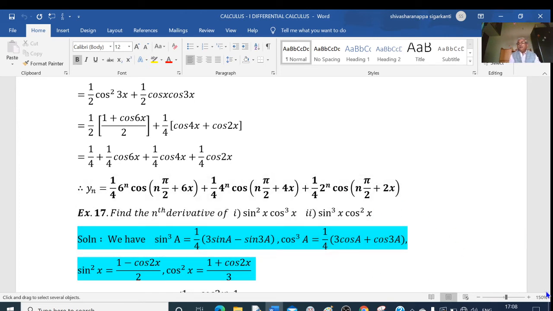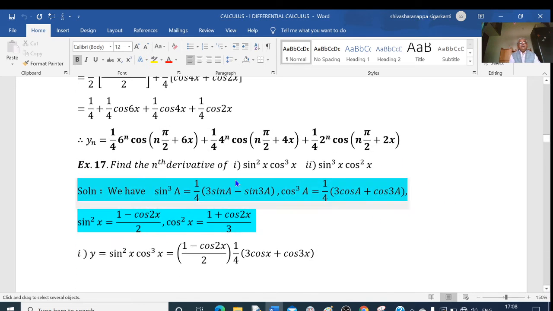Next example, find the nth derivative of sin square x cos cube x and nth derivative of sin cube x into cos square x. Already we have these formulas. Sin cube a can be written as 1 by 4 into 3 sin a minus sin of 3a.